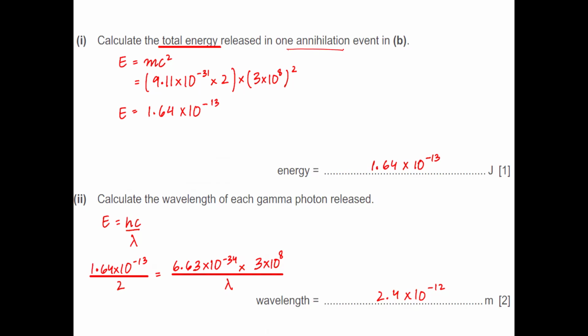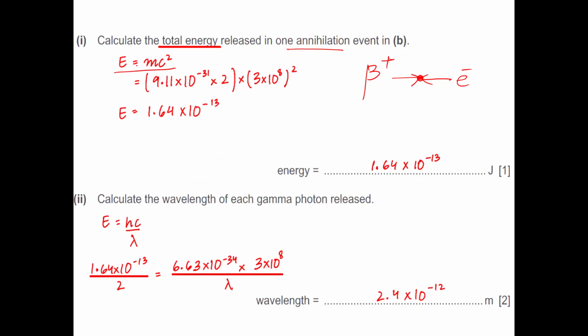So I taught you earlier that energy can be found from the formula E equals mc squared, and we know that in the process of annihilation there is one positron which is meeting one electron. Both of them are meeting at one point.